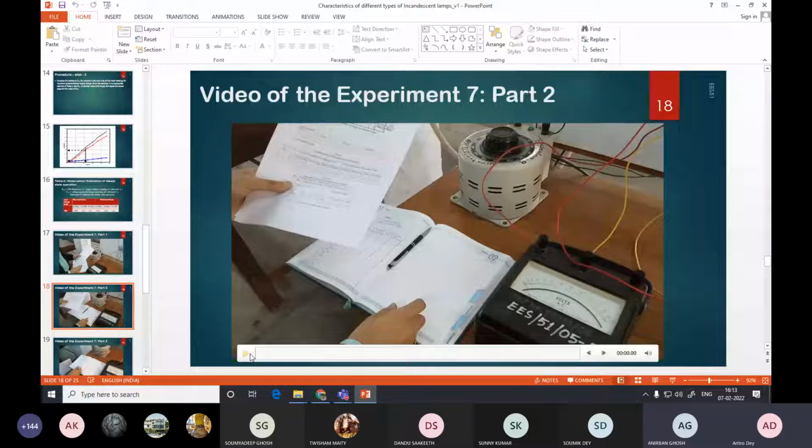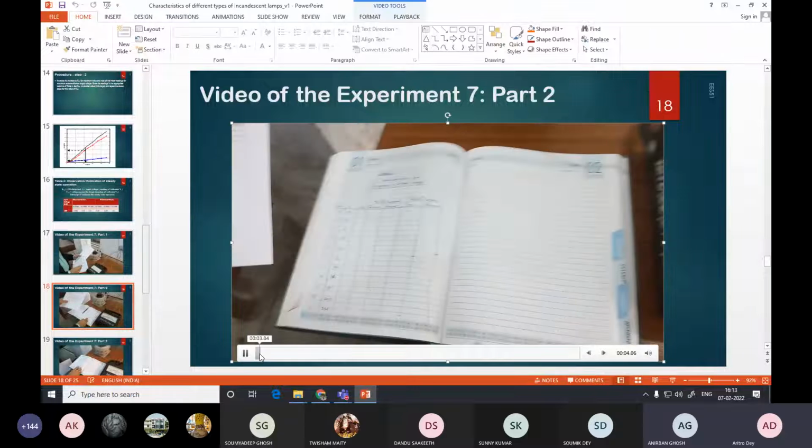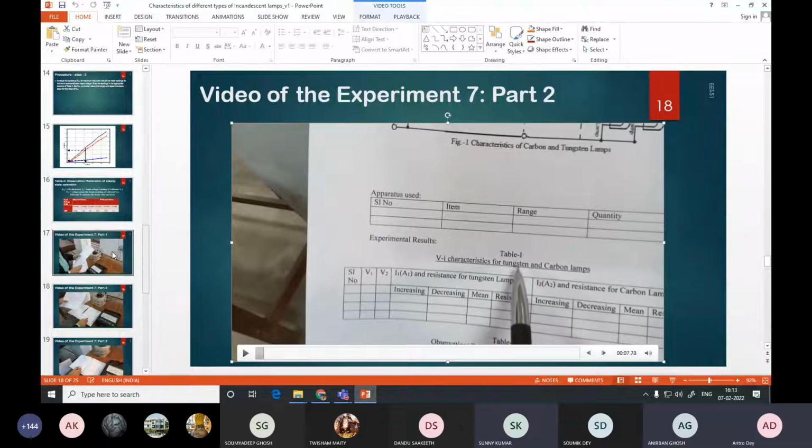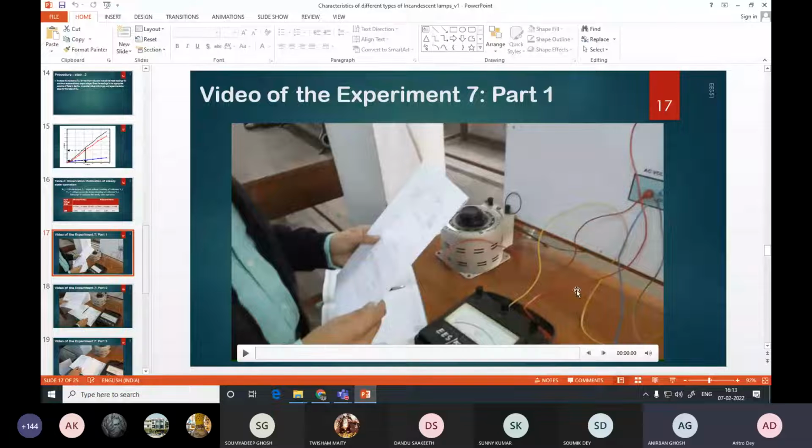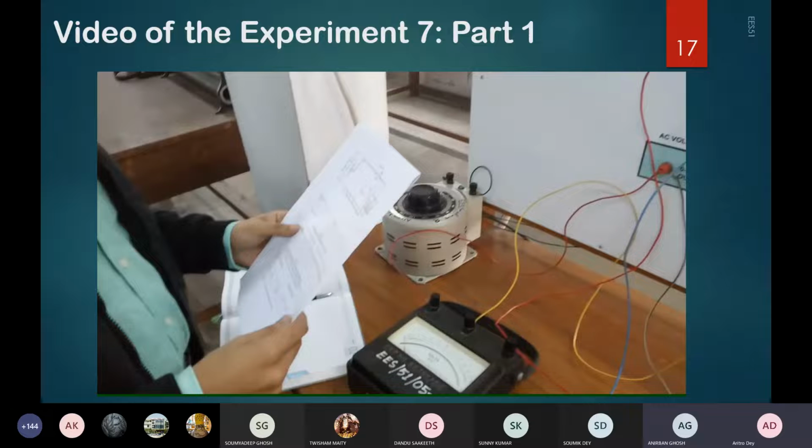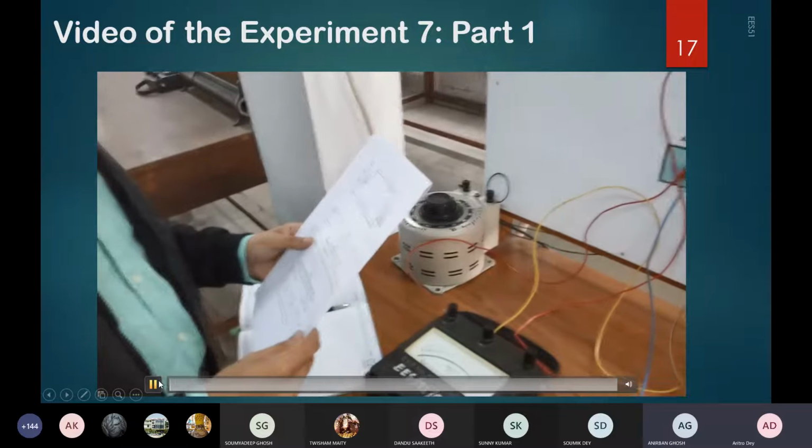Okay, now as our circuit is complete, we can start taking the reading. Yes, sir. You can see the same. So I'll just play it.